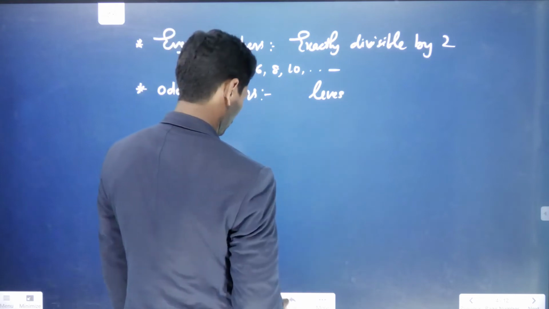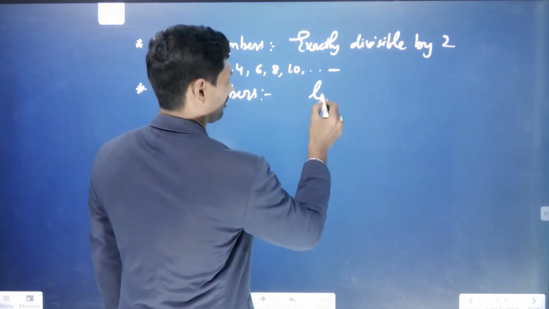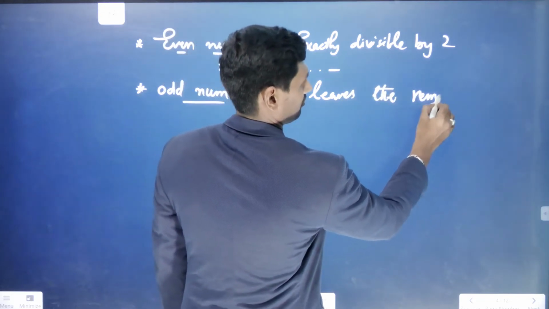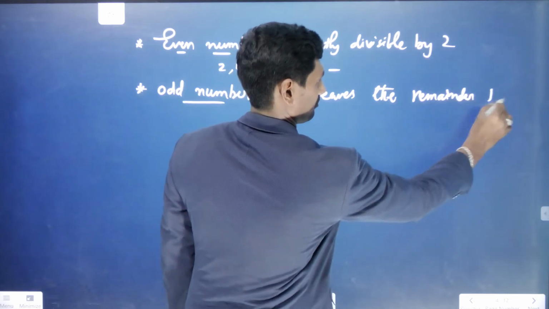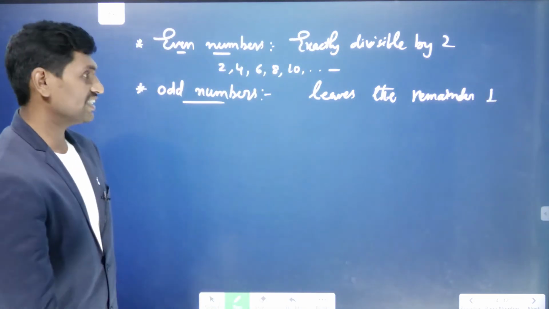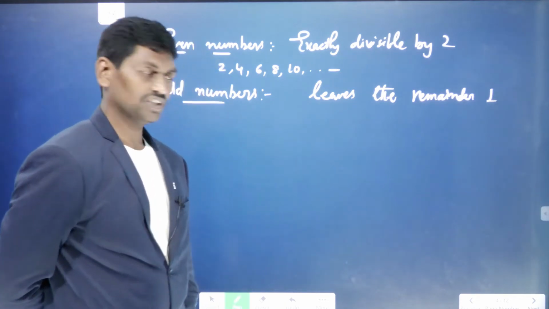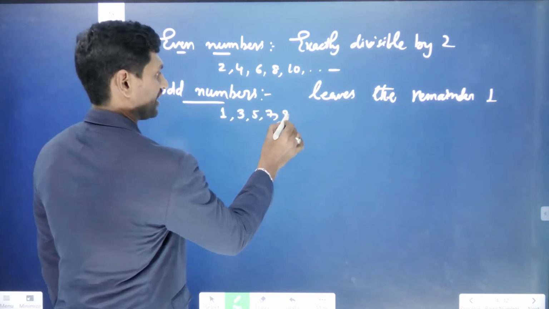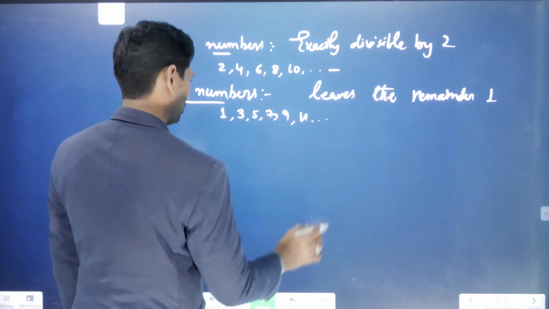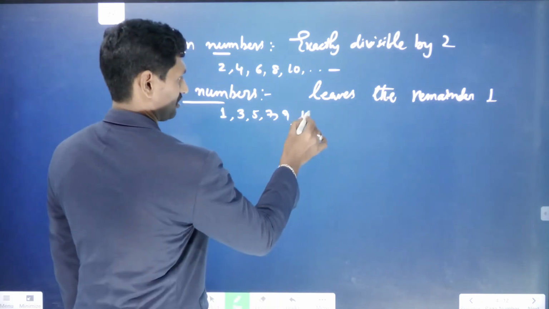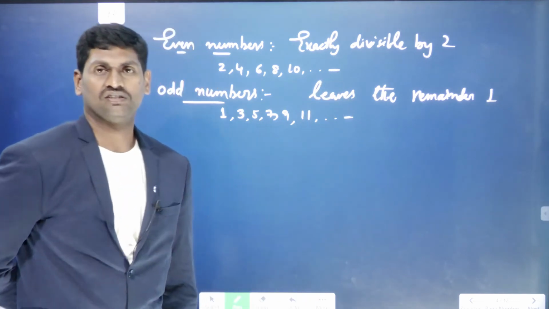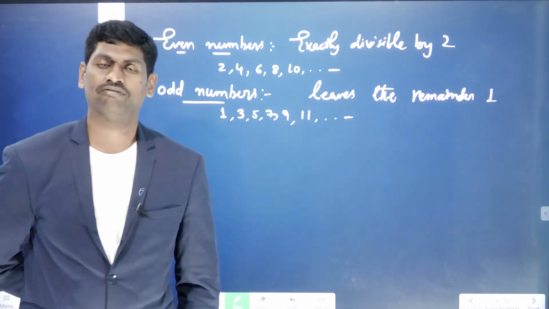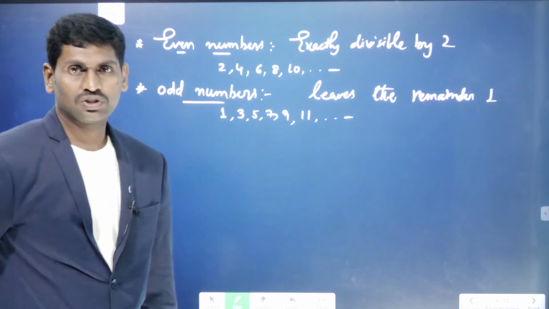So the first odd number is 1. 1, 3, 5, 7, 9, 11. These are all odd numbers. Okay? How many even numbers are there? Infinite. How many odd numbers are there? They are also infinite. Okay? So, even numbers or odd numbers.